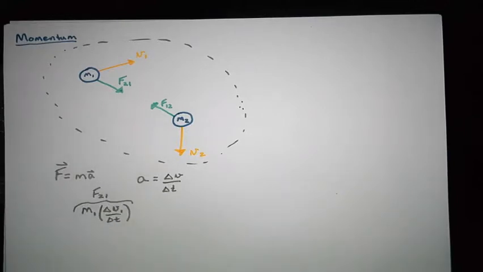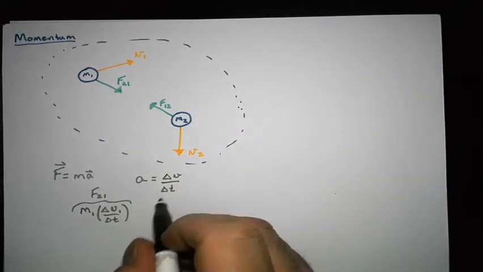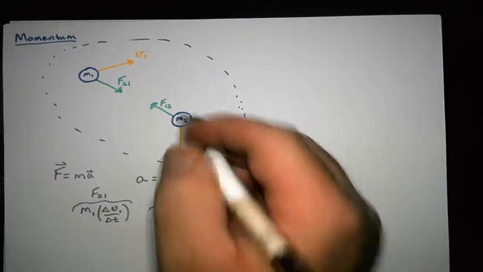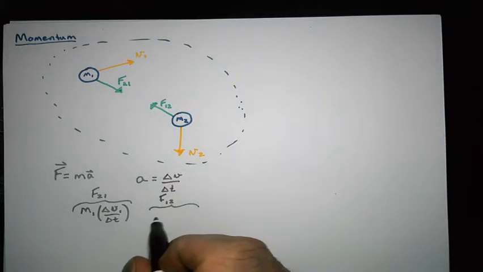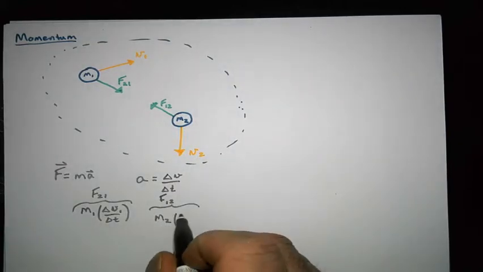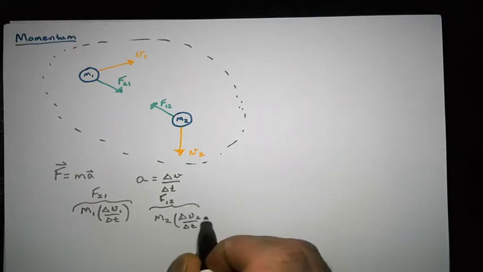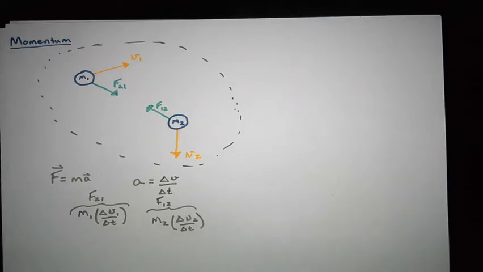So force 2-1 is going to be our first mass times our change of velocity over change in time. And our second one is essentially the same thing, with M2. Or just the mass of the first one times the acceleration on the first one, and the mass of the second one times the acceleration on the second one.